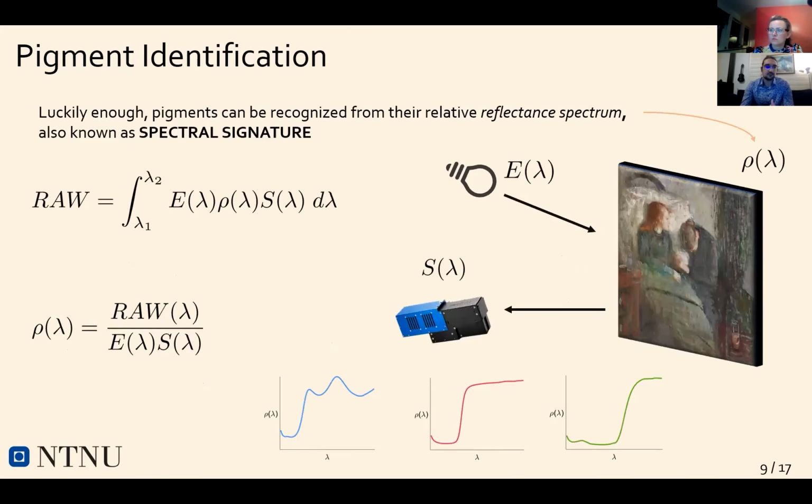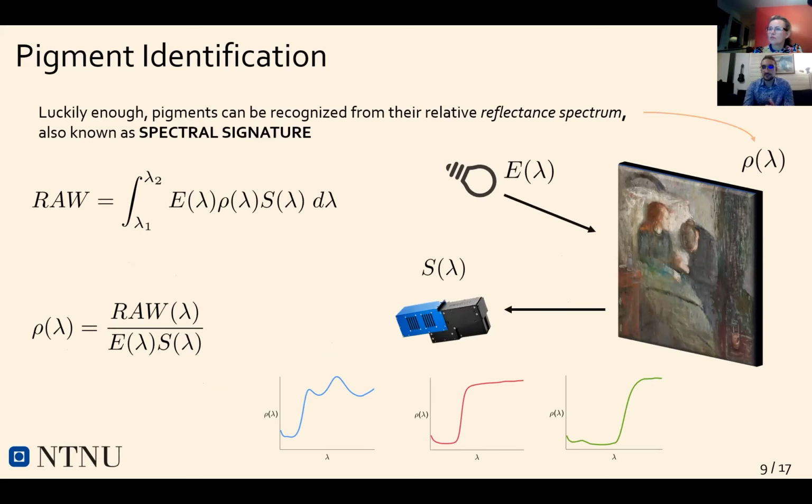But then moving into the pigments, when we go and look at the painting, we are lucky enough to know that pigments, wherever you put them, carry with them a sort of passport for which you're always able to recognize them. And this passport is their spectral signature, and in particular the reflectance spectrum.